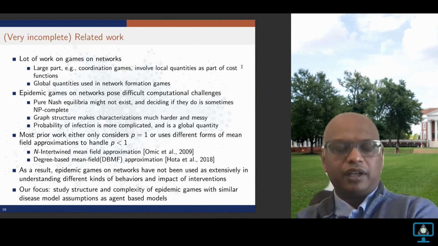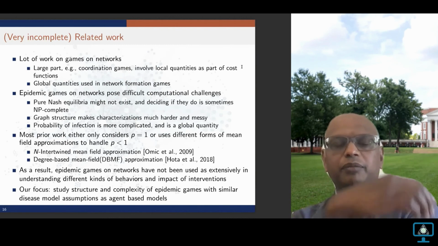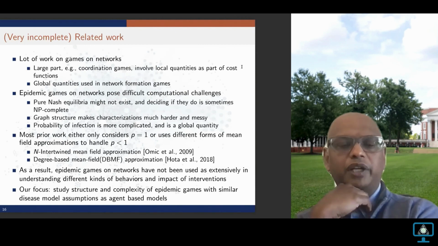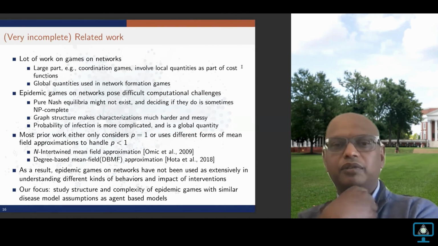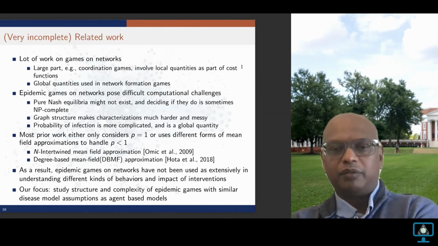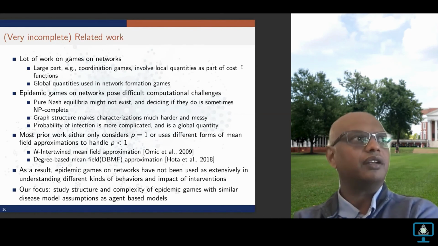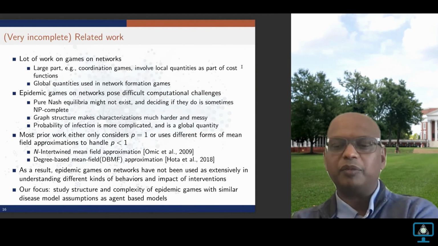So as I'll hope to convince you, epidemic games pose new kinds of computational challenges. Pure Nash equilibria might not exist. Deciding if they do is often NP complete. The graph structure makes characterization and analysis much more complicated and messy.